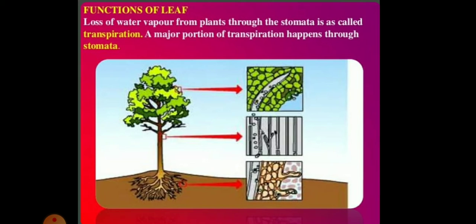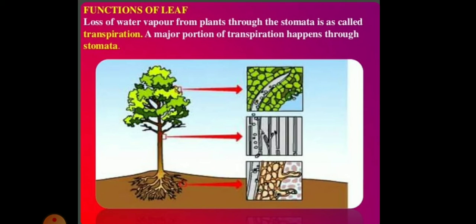What is the main function of the leaf? Yes, the main function of the leaf, we know, is the photosynthesis process, and another function is the loss of water vapor from the plants through the stomata, which is called transpiration.